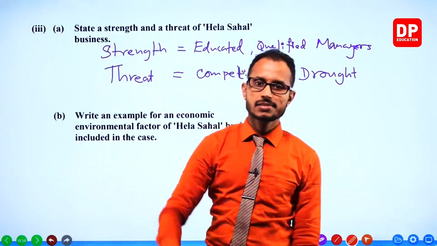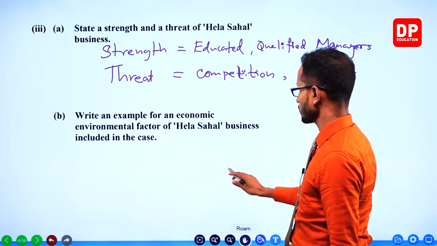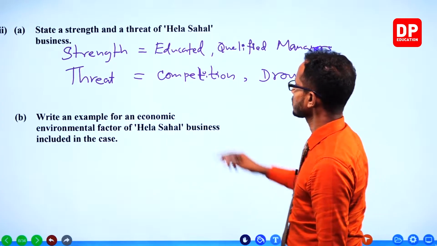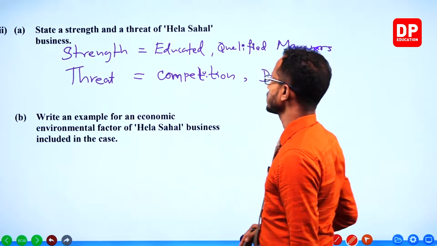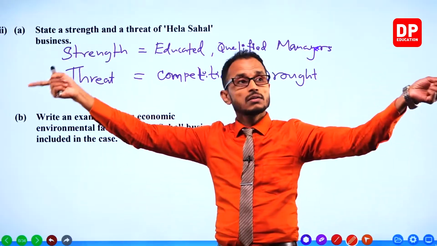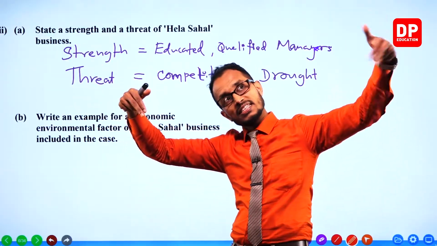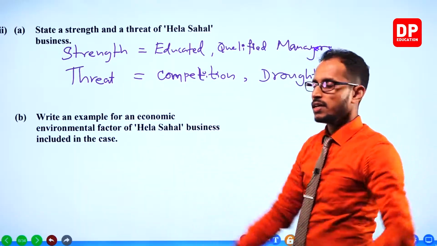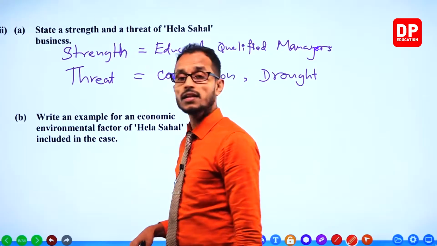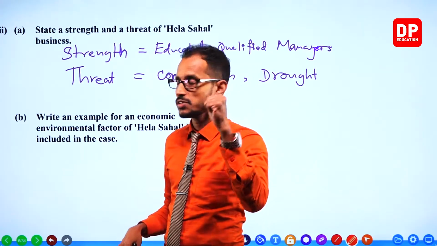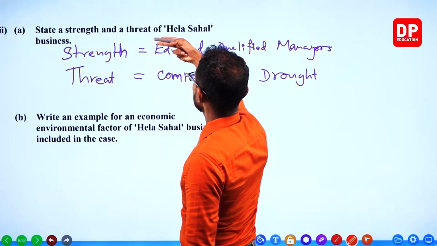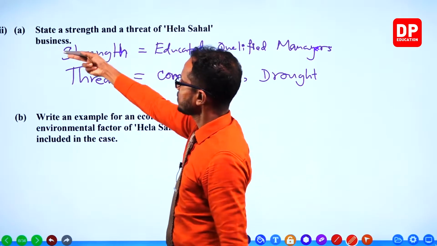Those are threats to any business. Competition is also coming from outside. Drought is also a challenge which is in the external environment, outside. Threats are external; strengths are in the internal environment. Positives, strengths. Strength and a threat. We are done.